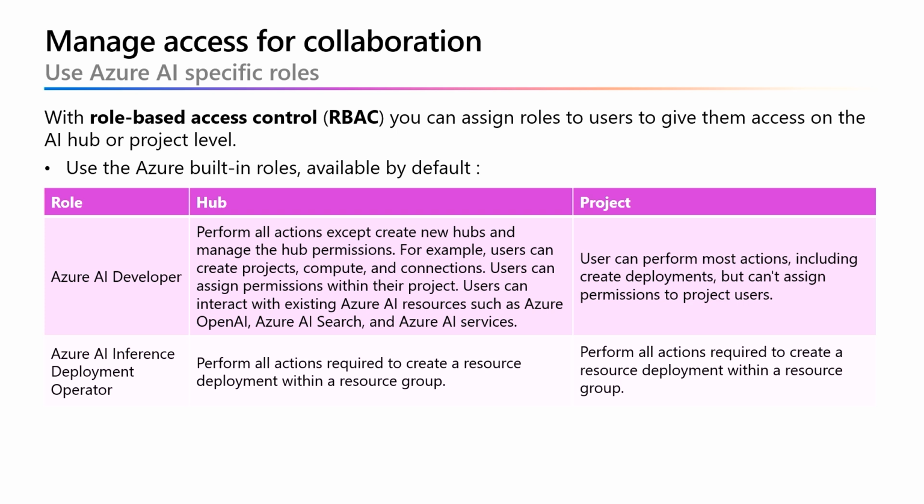And it's about the same with the AI-specific roles. So what we have here, I would say one of the prime ones, since we're talking about developing custom copilots, will be the Azure AI developer role. That role is going to allow you to manage most of the usage, the functionalities, the features within AI Studio. So it is going to allow you to deploy large language models.